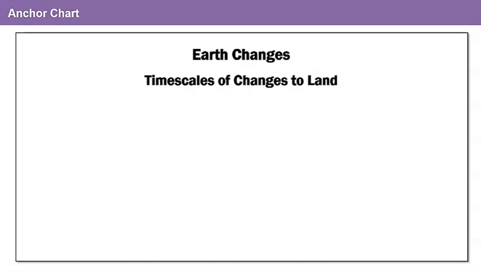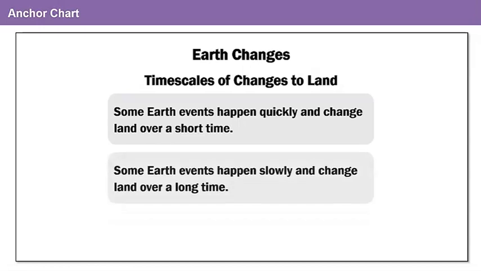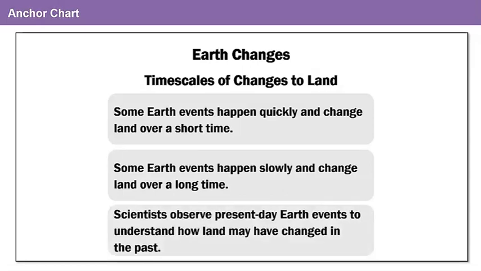So, are we ready to answer the question, how long do changes to land take? Yes, we are. Some Earth events happen quickly and change land over a short time, while some Earth events happen slowly and change land over a long time. And scientists observe present-day Earth events to understand how land may have changed in the past. Amazing!